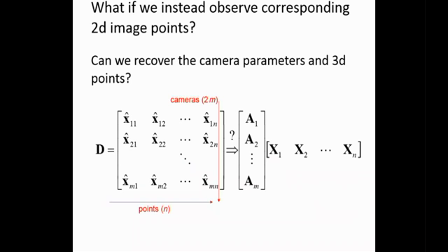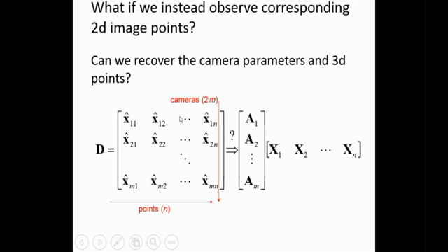We have the 2D points, this big matrix of values. I'm organizing my data by storing, for every pair of rows, the U and V values that are seen by a given camera. And for every column, I have a different observed point. So this column would be a single point that's observed by all the cameras.